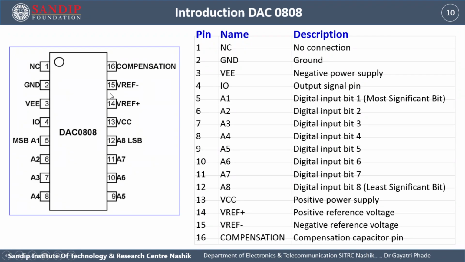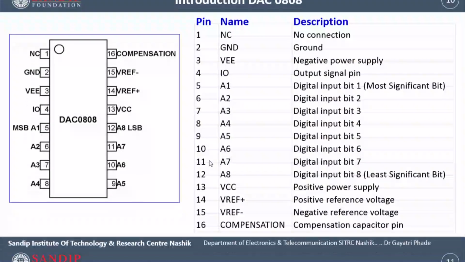Pin description: 1 not connected, GND ground, VEE negative power supply, IO output signal pin. A1 to A8 are the pins where digital input can be connected. Take care of the LSB and MSB. VCC is the positive power supply, V reference plus positive reference voltage, V reference minus is negative reference voltage. Compensation capacitor pin we are going to connect over here.